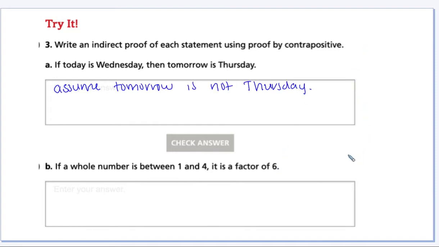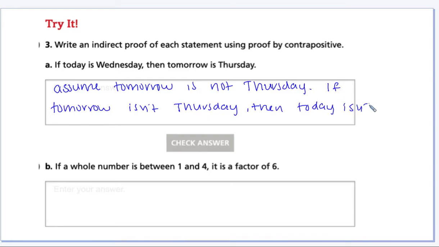So if tomorrow is not Thursday, then today is not Wednesday. So therefore, your contrapositive is true, so your original conditional must be true as well.